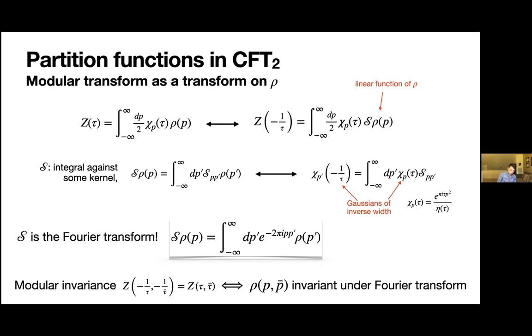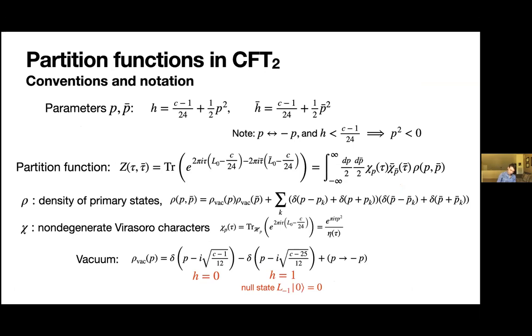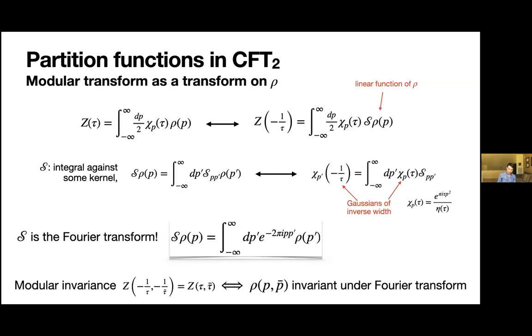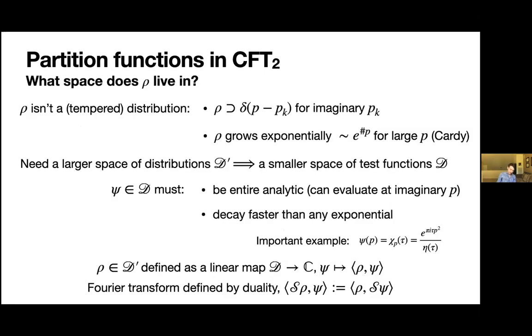So I'm surprised that I haven't had any wails of objection so far, that I've been including these delta functions of P where P is imaginary. I should briefly put in this slide, which explains why that makes sense. So this rho is some funny type of distribution.